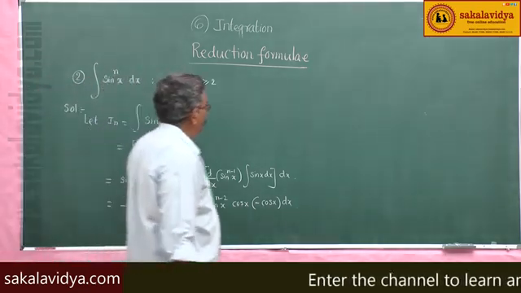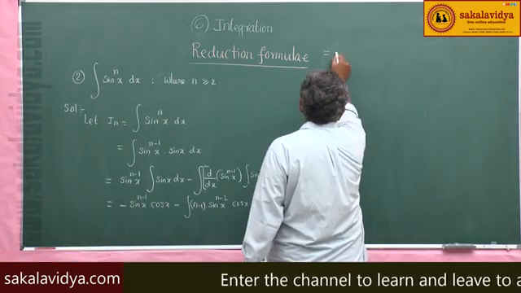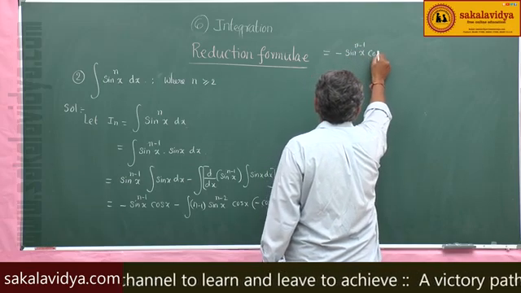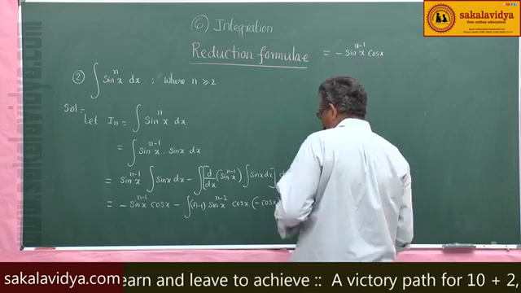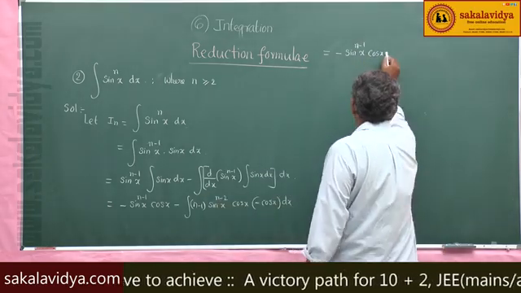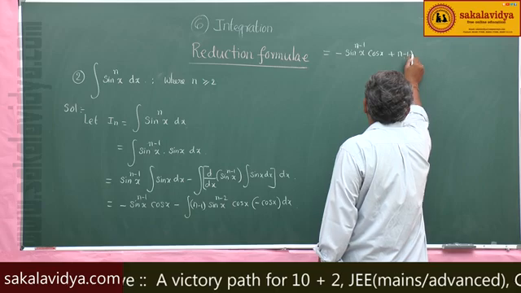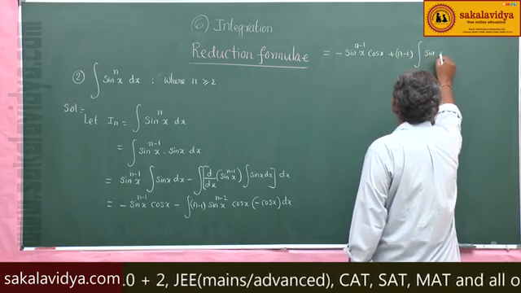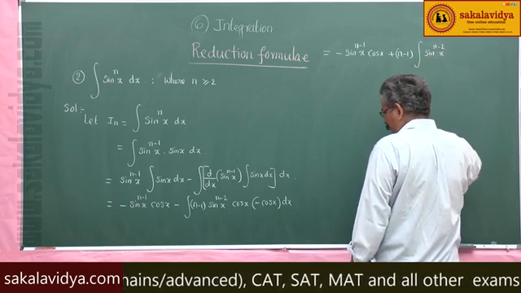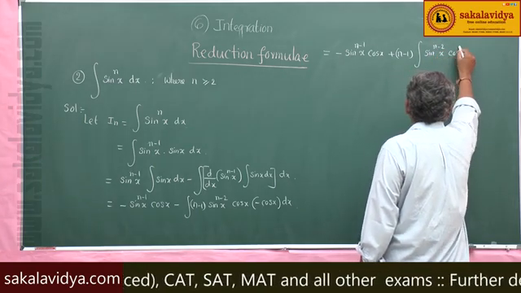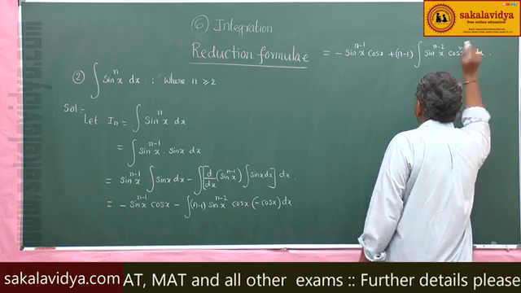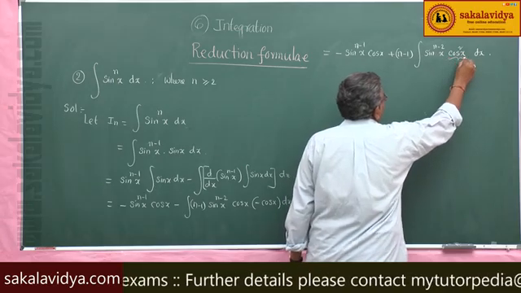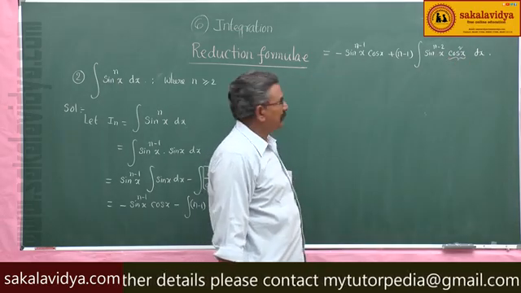Now, let us simplify. This we can write minus sin x to the power of n minus 1 cos x, and minus take out common, minus into minus plus n minus 1 common integral sin x to the power of n minus 2 cos square x dx. Now, this cos square x can be replaced by 1 minus sin square x.